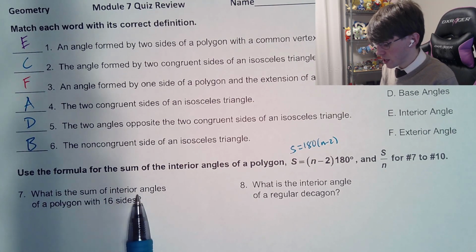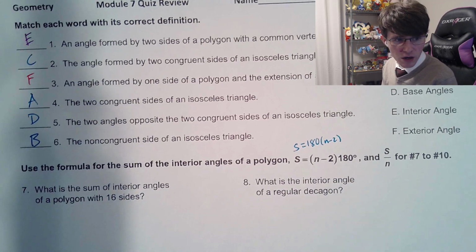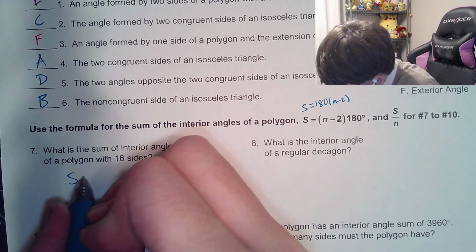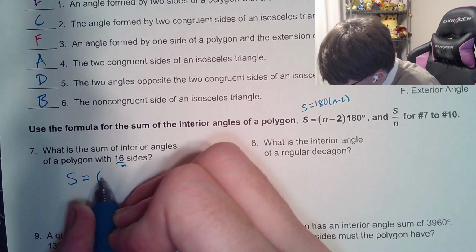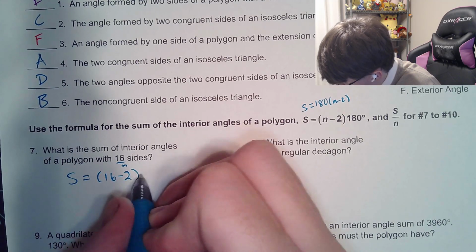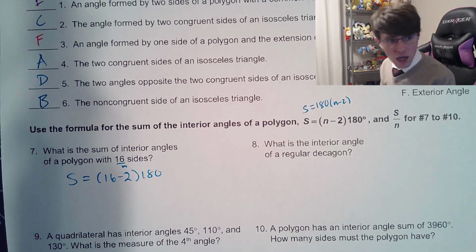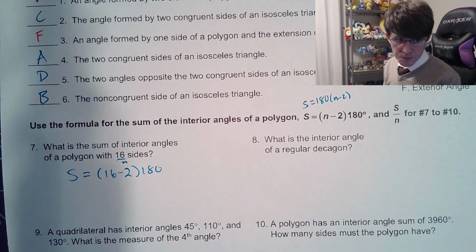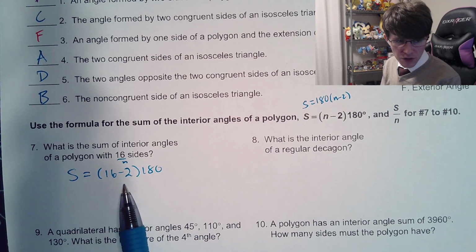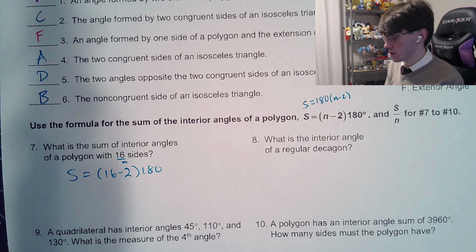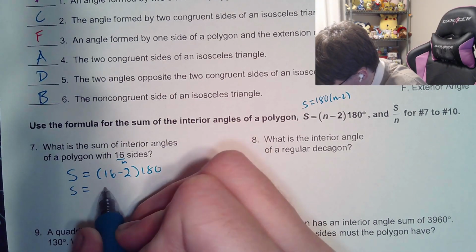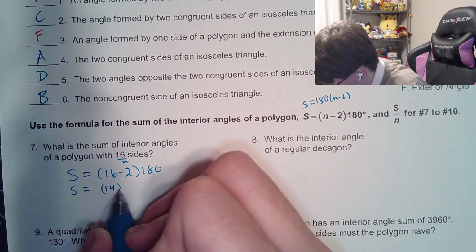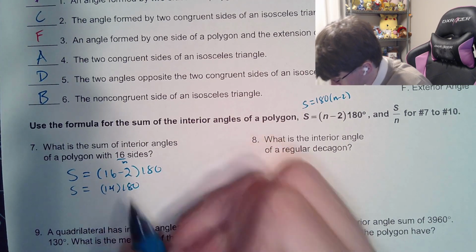So what is the sum of the interior angles? That's this formula right here. So we're going to be writing that S is equal to, and then n, that is n right there, so 16 minus 2 multiplied by 180. Remember when you're doing these, you want to do the subtraction first, or you can throw the entire thing into the calculator at the same time. If you're doing this by hand, you do 16 minus 2, which is 14, multiplied by 180.